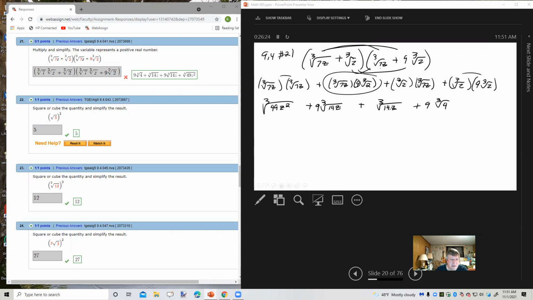Interesting. I'm looking at the answer that the author has, but these two terms are like terms. So actually, I don't think this answer is correct either. I think your final answer would be the cube root of 49z squared plus 10 cube roots of 14z plus 9 cube roots of 4.